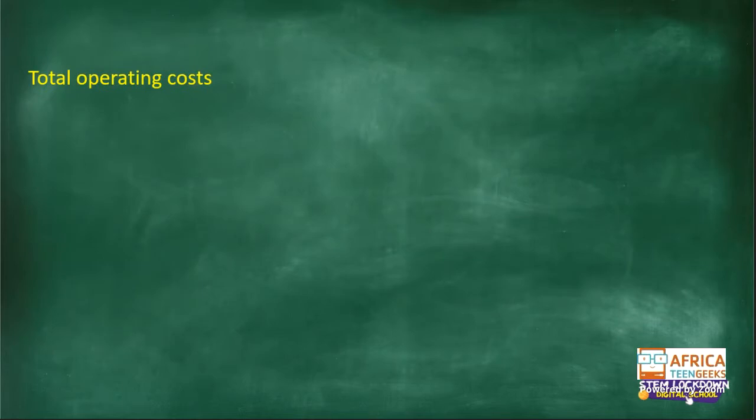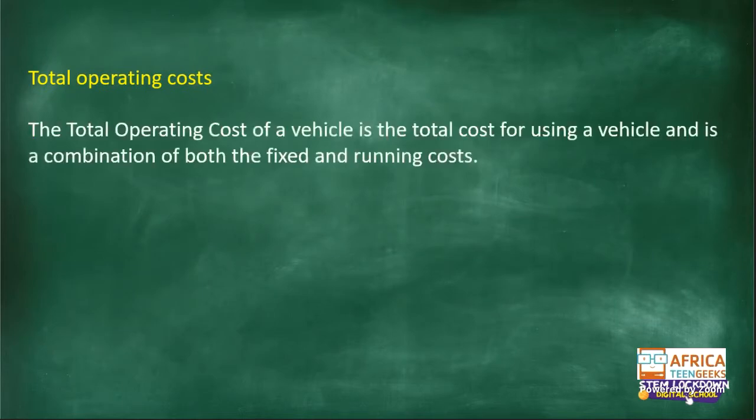And what is this total operating cost? We define the total operating cost of a vehicle as the total cost for using a vehicle. And this is a combination of both the fixed and running costs. So there are fixed costs, there are also running costs. And right now, what we were talking about were the running costs. We just did the calculations for the running costs per kilometer.